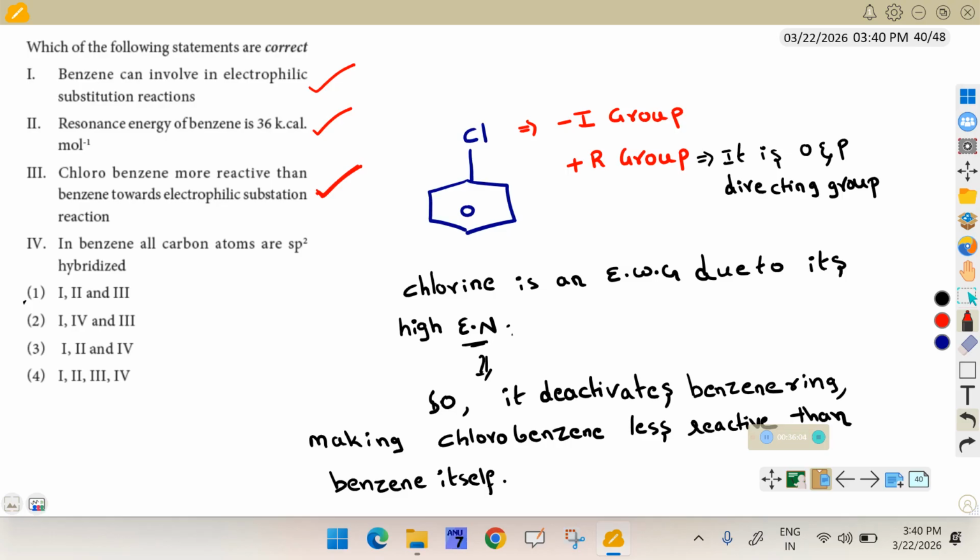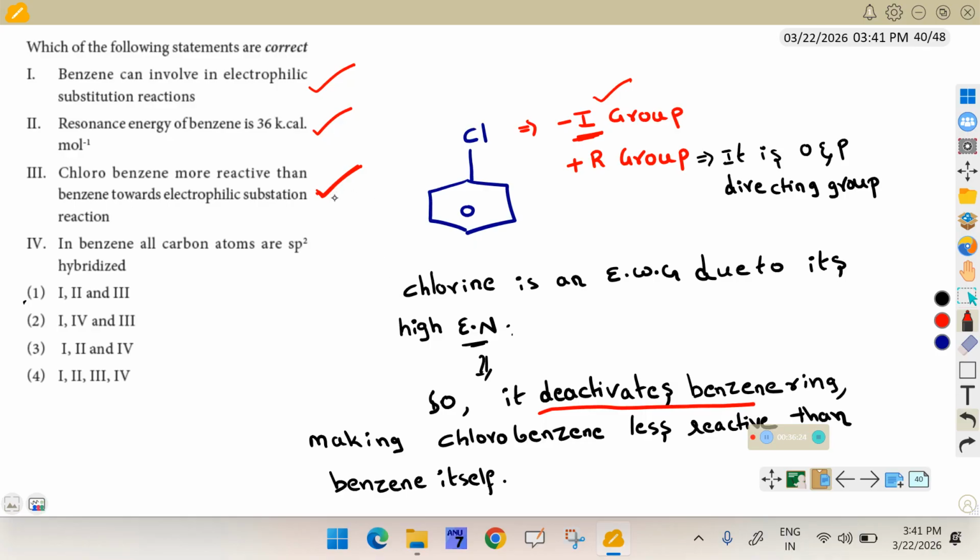With respect to inductive effect, it acts as an electron withdrawing group. So what happened? Electron withdrawing groups deactivate the benzene ring and decrease the reactivity towards electrophilic substitutions.